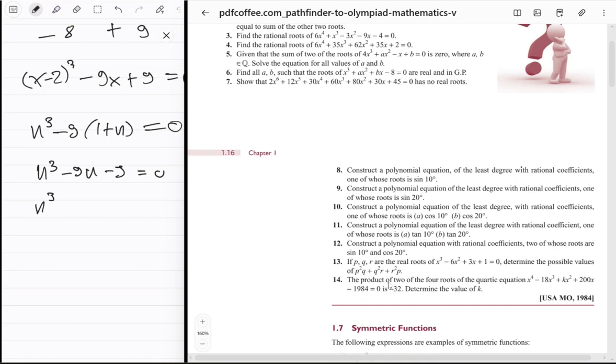No, it's not possible like that. u cubed minus 9u minus 9 is equal to 0. So I give you minus 9u is equal to 9. It's not helping. That doesn't have rational roots. This will also not have any rational roots. That won't work.